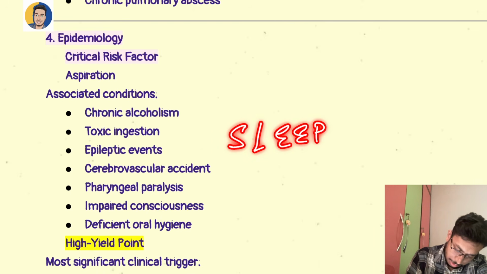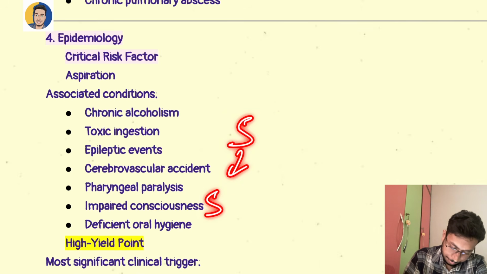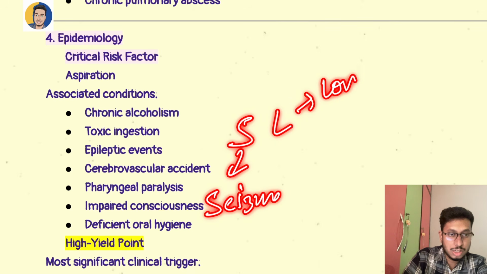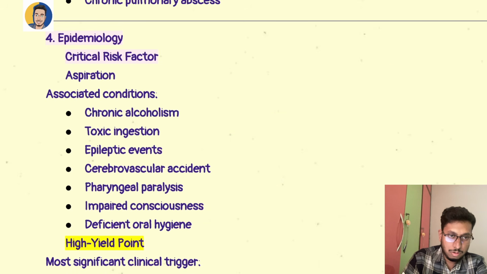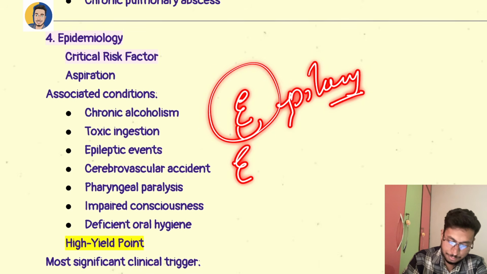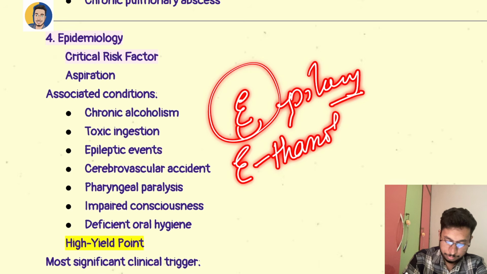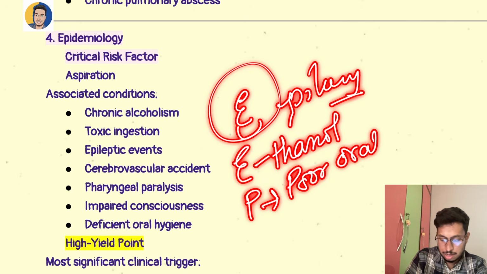SLEEP. Okay, so S is for seizure, L is loss of consciousness, E is epilepsy. You can remember S for stroke itself, another E for ethanol, and P is poor oral hygiene.